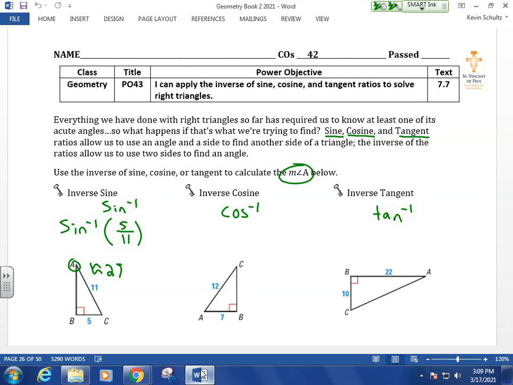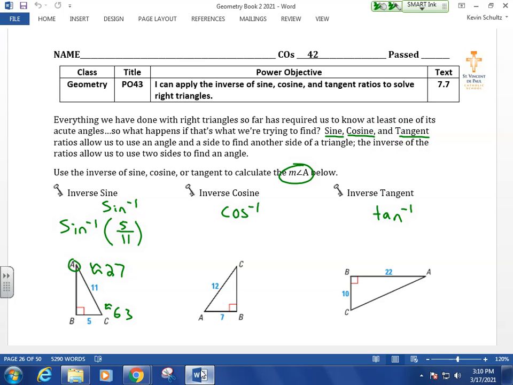If you're also asked to find the measure of angle C, well, if we know that angle A is about 27, we know that angle C is complementary with angle A. That's going to be a measure of approximately 63.